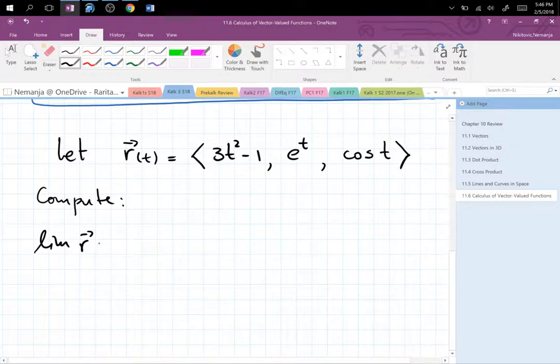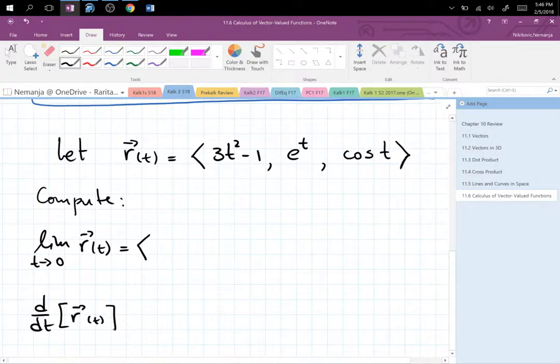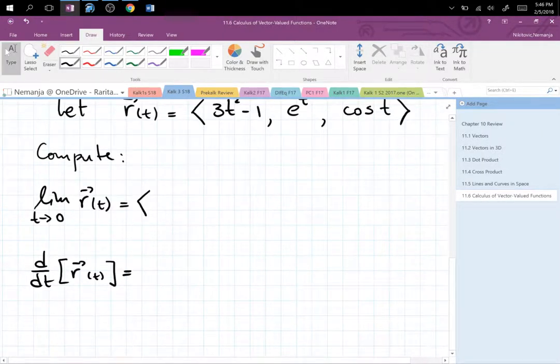Compute the limit of r of t as t goes to 0. Compute the derivative of r of t and the integral of r of t.